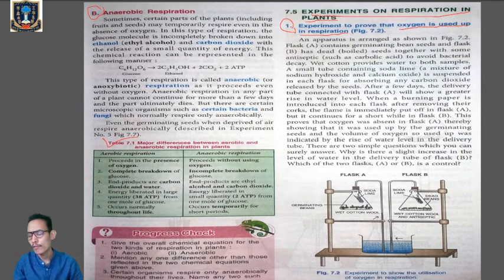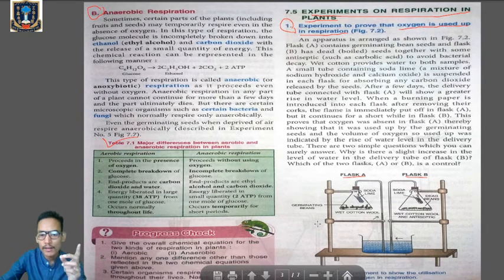So all of us know that while performing an experiment there are certain requirements. Clear? So in this experiment, what are the things that we need? First, you can see here, we require two flasks, flask A and flask B. Clear?